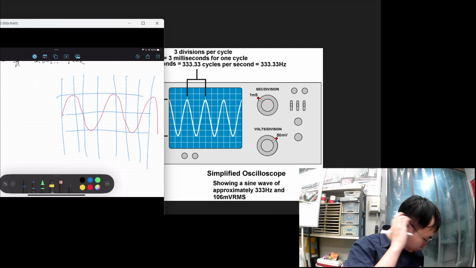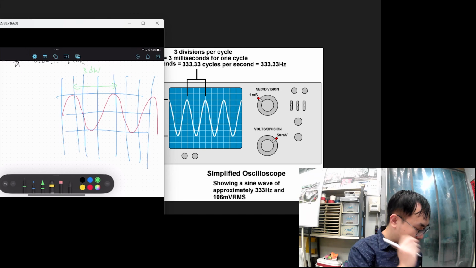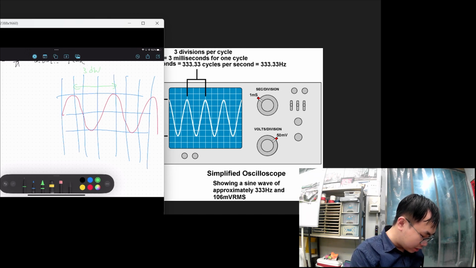Sorry for a bad drawing, okay? So you see that it takes 3 divisions for a single cycle, and 1 division is equal to 3 milliseconds, okay?